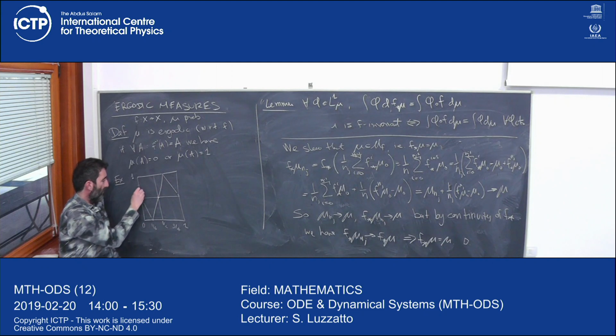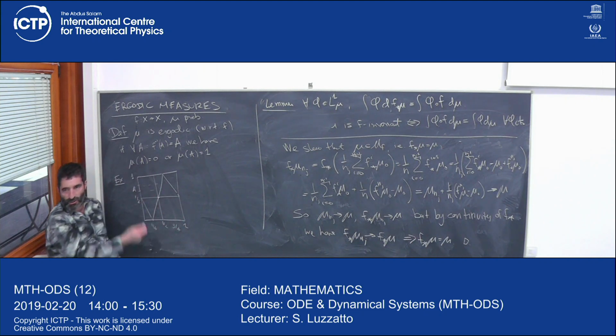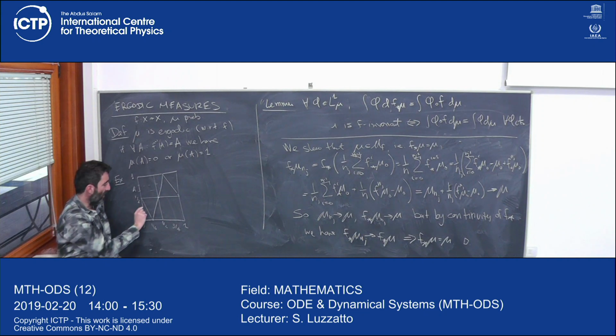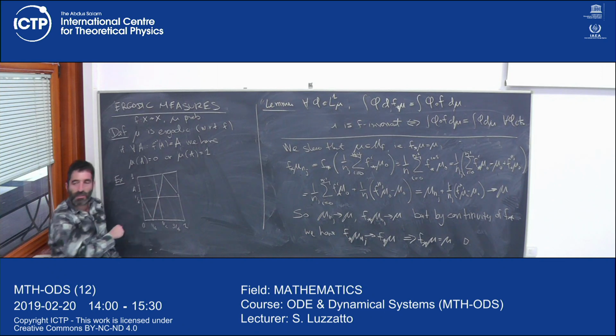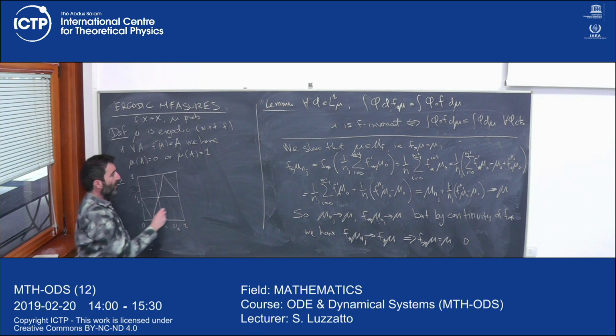So if you take an interval here, A, and you look at the pre-images, it will have 2 components, each one half the size, just like the arguments we did in the other maps, right? And if you have here an interval and you take its pre-image, it will also have 2 components exactly half the size. Okay? So Lebesgue measure is invariant.